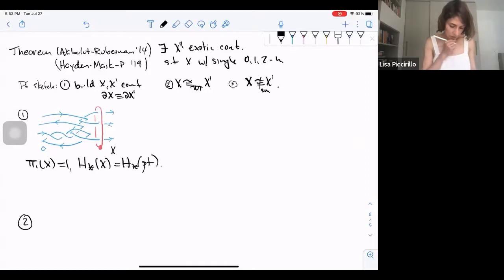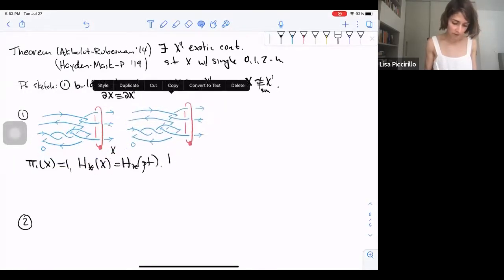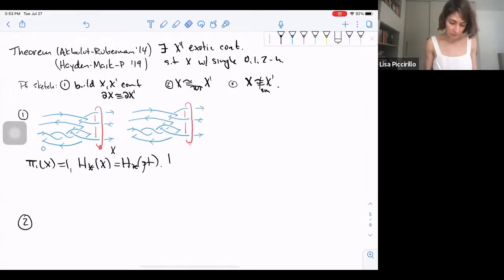Very good. So now we need something else, hopefully contractible, with the same boundary. We only know one trick for writing down 4-manifolds that have the same boundary, so we're going to try to use it. That trick is the same thing we used last time.